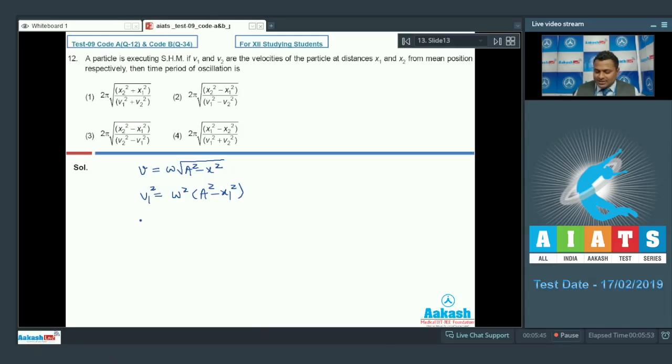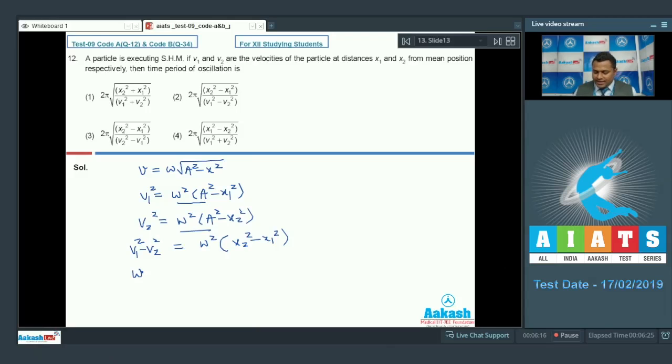In the same way, V2 square equals omega square times a square minus x2 square. Subtracting V2 square from V1 square, we get V1 square minus V2 square equals omega square times x2 square minus x1 square, because omega square a square will be cancelled out.